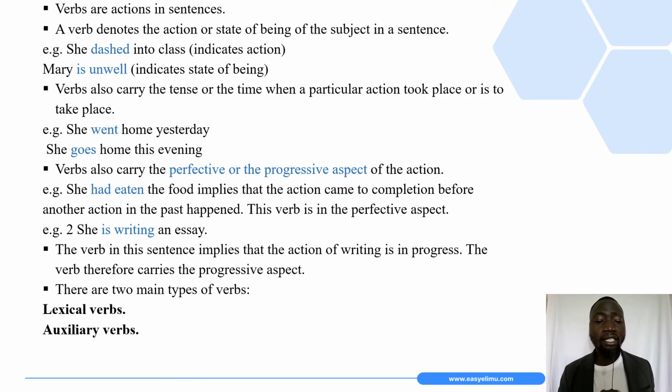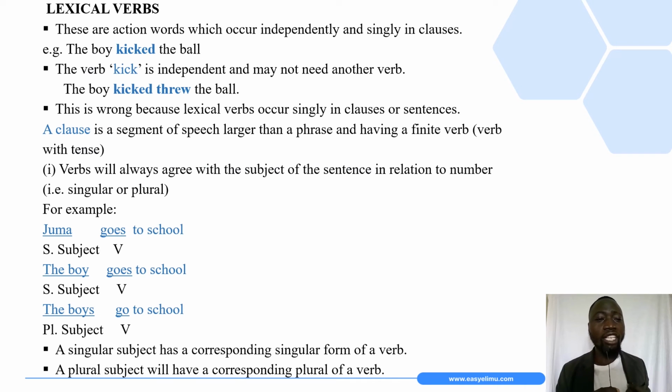Now, to introduce you to the main types of verbs that I talked about earlier on, there are two main types of verbs. So the first one is lexical verbs, and secondly, we have auxiliary verbs. So let us start by looking at lexical verbs. So lexical verbs are also called primary verbs.